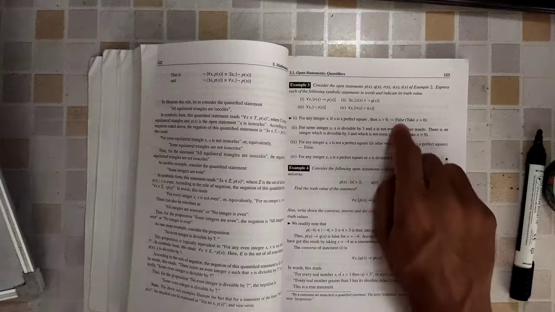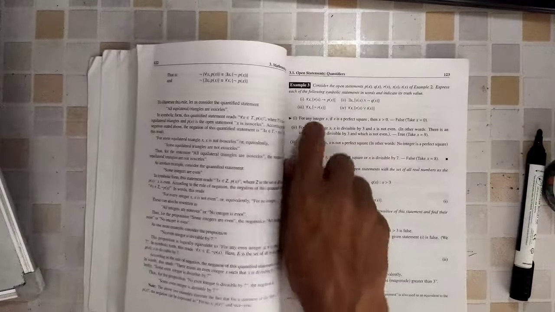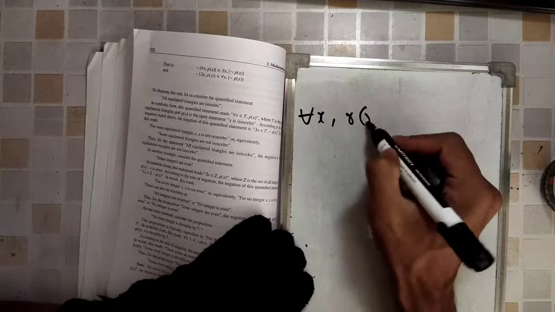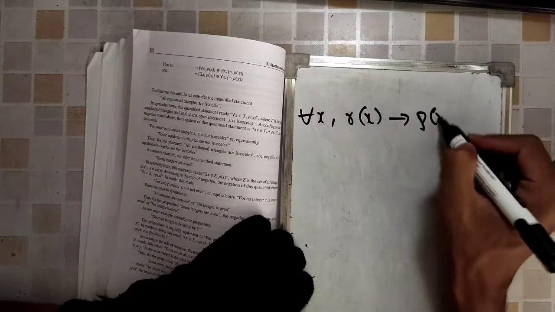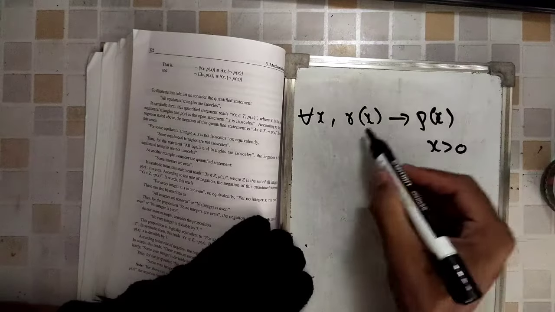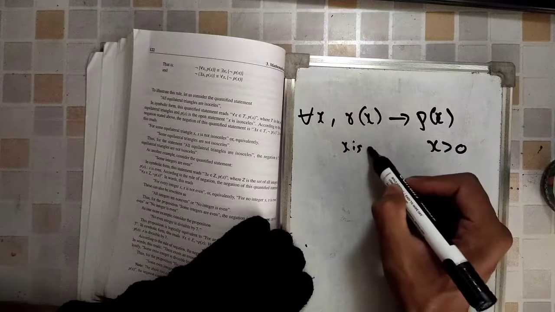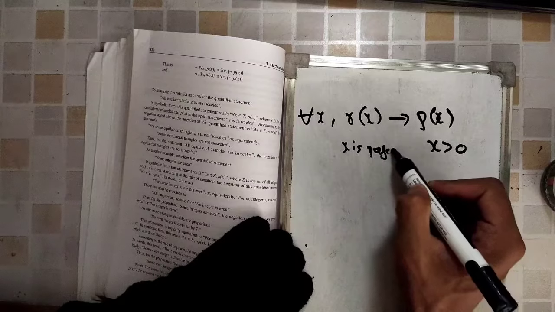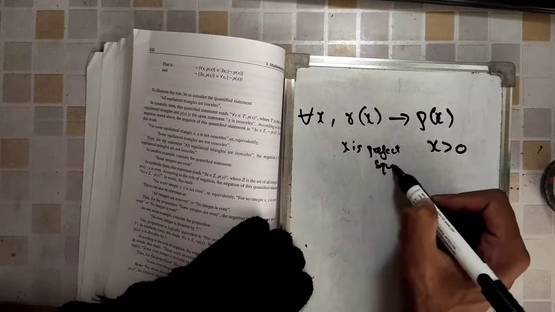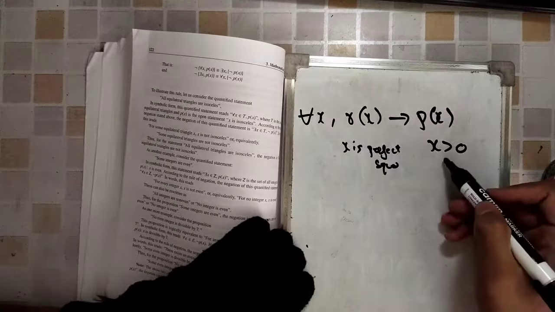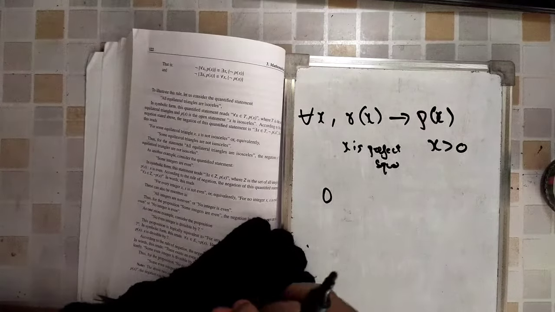So this is false, since it is for all x. Now see here, for all x, if r of x implies p of x, this is x greater than 0, and this is x is a perfect square number. Okay, this is not less than or equal. So 0 is also a perfect square number. Why?